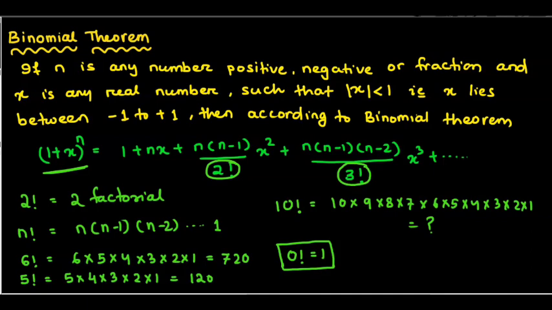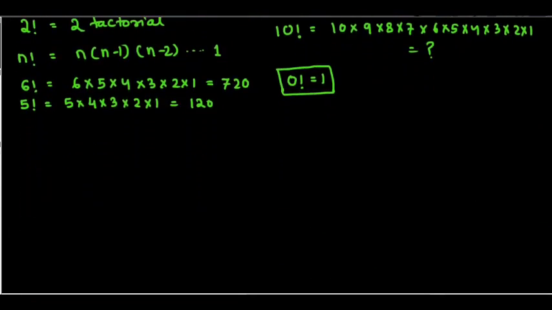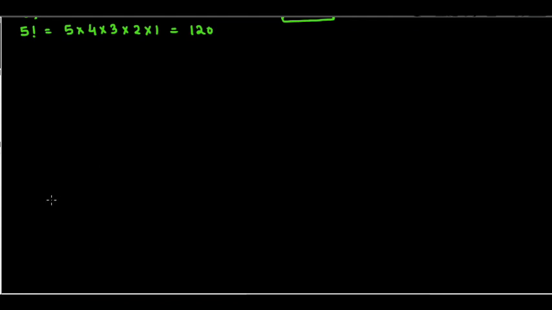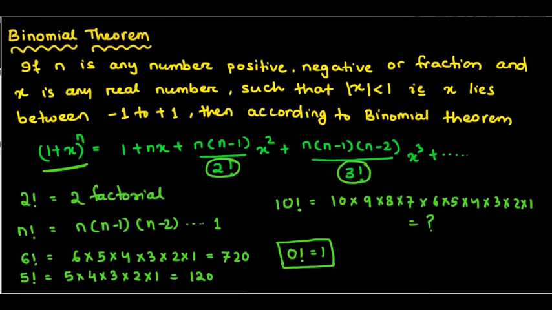But in physics, we will use a part of this binomial theorem, and that comes under a special case. So if the magnitude of x is much less than 1. If you look at the binomial theorem statement, here the condition is the magnitude of x is less than 1.